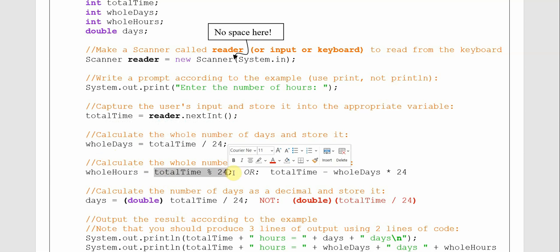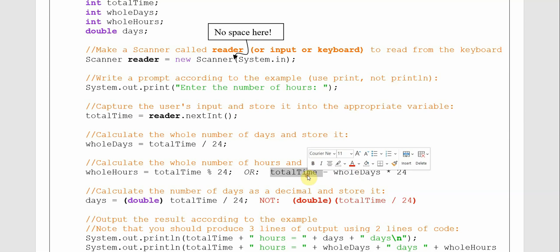Okay. Now, some people try to do subtraction to get this answer, and you can, but think about our example. 24 is total time, and whole days was 1. So some people just try to do the subtraction just like that. It doesn't work. The answer we're going for is 2.